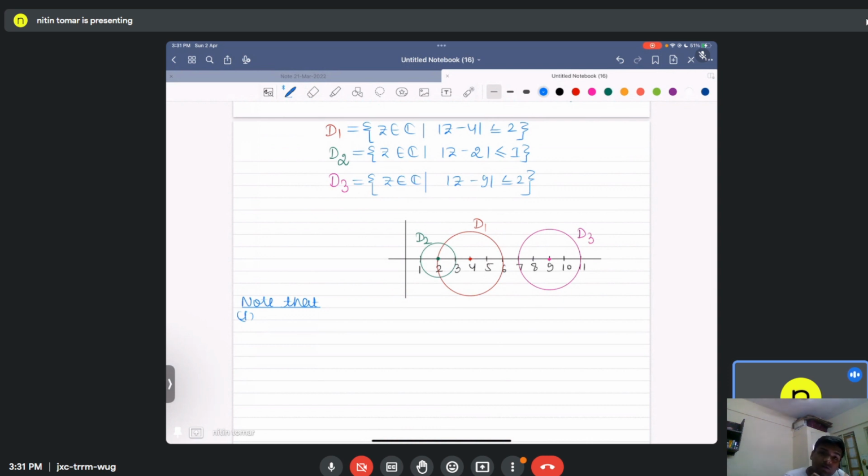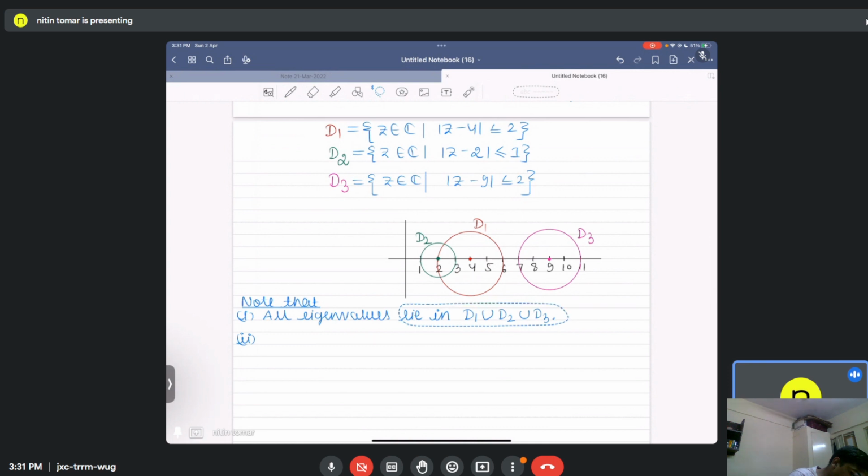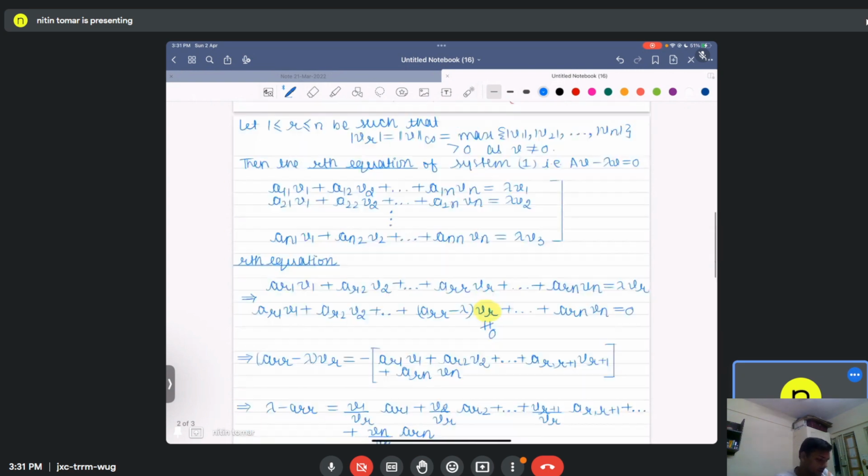The first part of the Gershgorin circle theorem will imply that all eigenvalues lie in D1 union D2 union D3. And second, of course, we are saying all eigenvalues of A. And what is the second part?